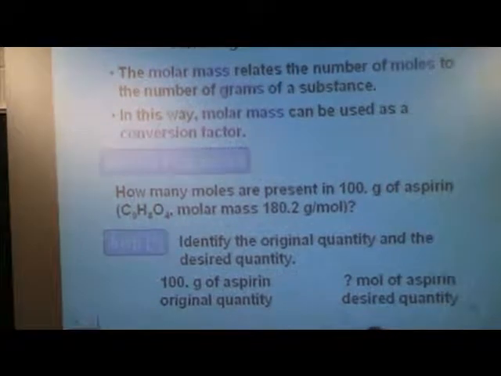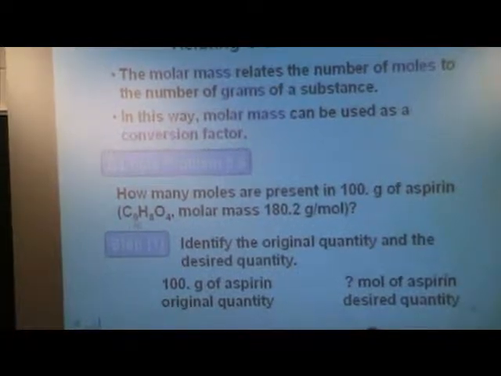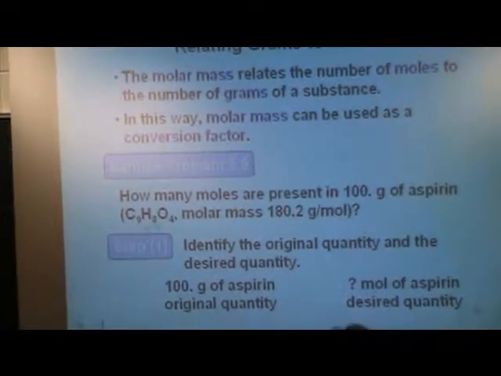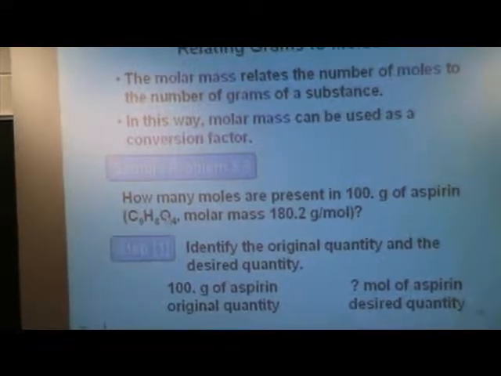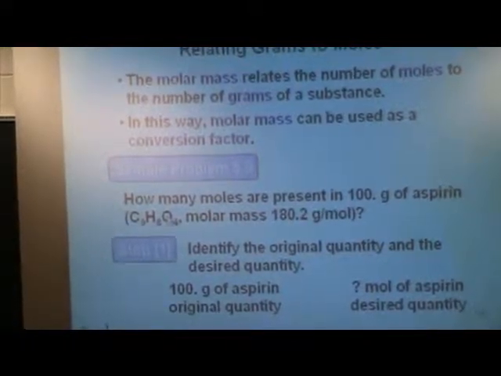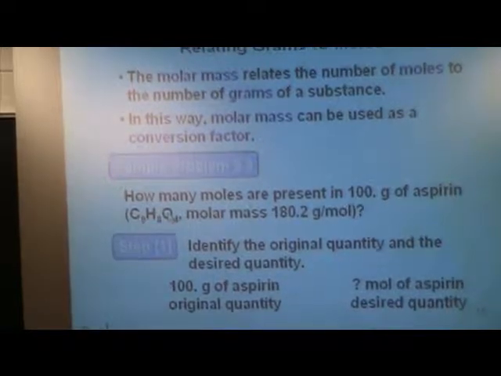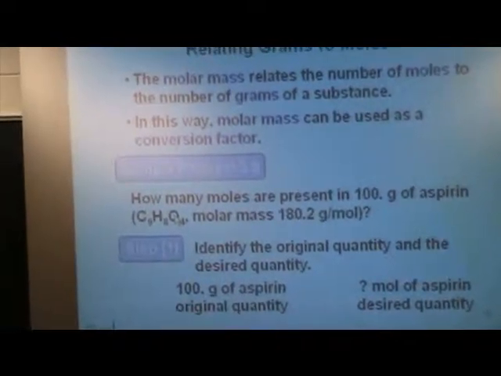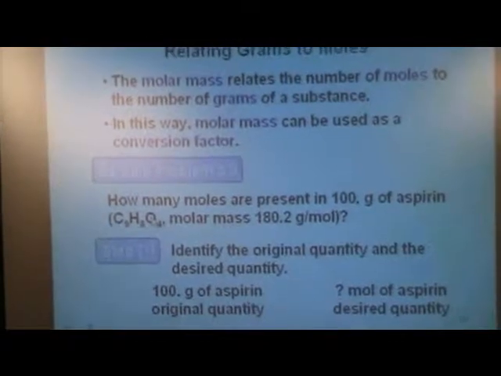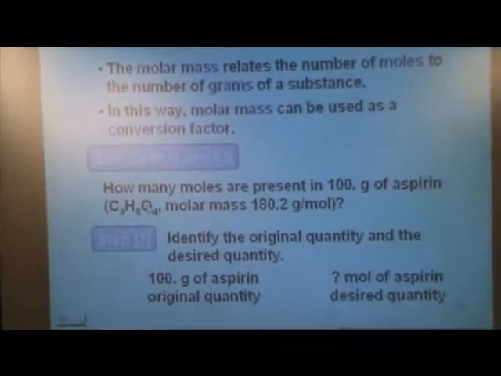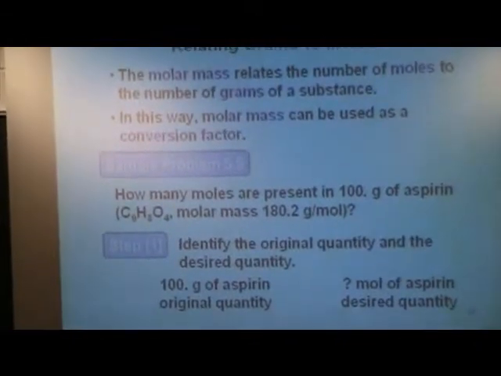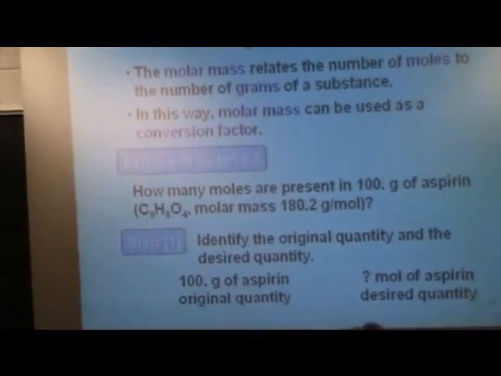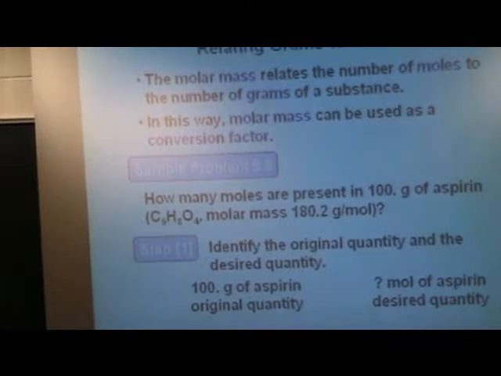You have to calculate carbon times 9, hydrogen times 8, oxygen times 4 times 16. If you multiply 9 by 12 plus 1 times 8 plus 4 times 16, what do you get? 180.2. Well, that is what's written, but I want you to calculate that.